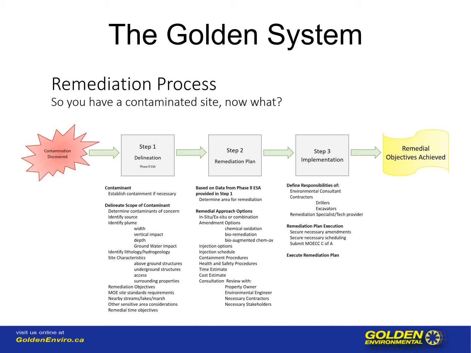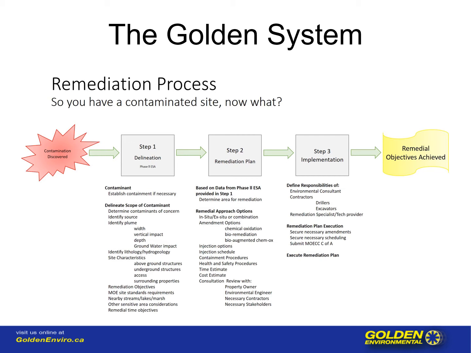Then we have the remediation specialist and tech provider. The remediation contractor provides the oxidants and the injection equipment itself and the remediation plan, and all of this is done in consultation with the environmental consultant and the property owner. Then finally, we have the remediation plan to be executed.